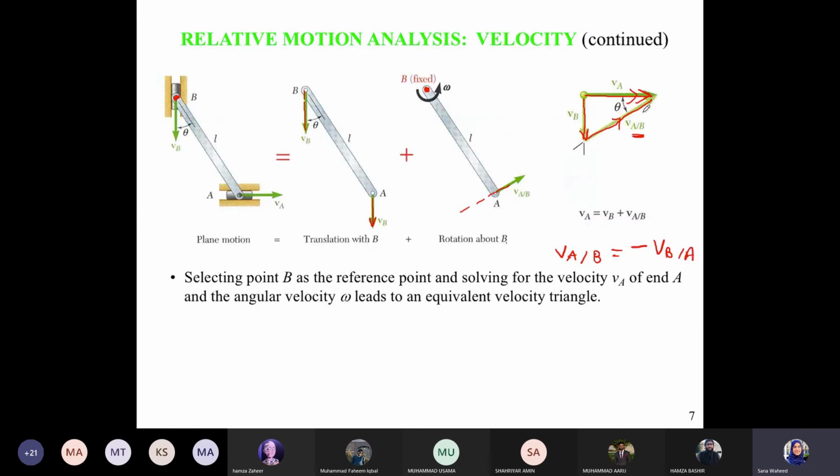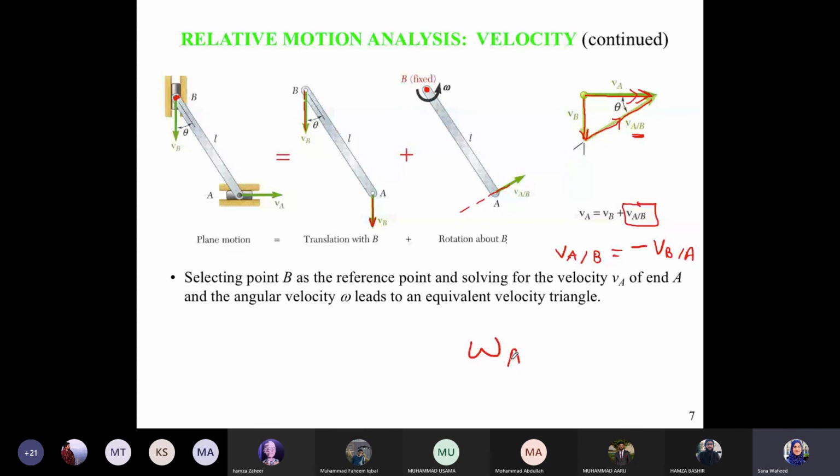What about the angular velocity? Now, I'm not going to go into it, but you're more than welcome to try it out and try drawing it with the same trigonometric identity. You will see that in this case, it's the velocity of A with respect to B. So this time around we have omega AB.